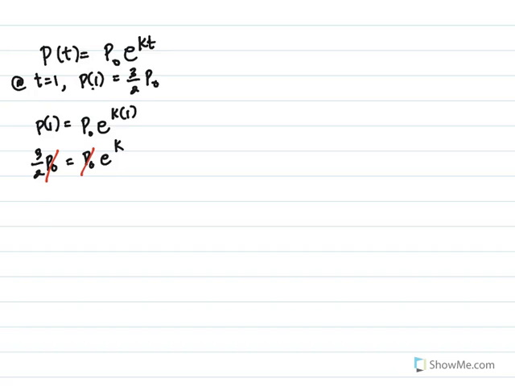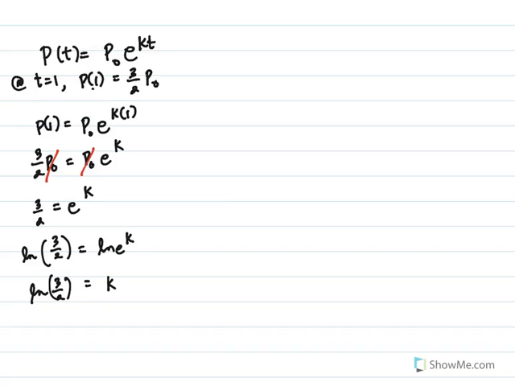So we will be left with 3 halves is equal to e raised to k. And then we can now solve for k. We take the ln of both sides. ln of 3 halves is equal to ln of e raised to k. And so we have here ln of 3 halves equals k.